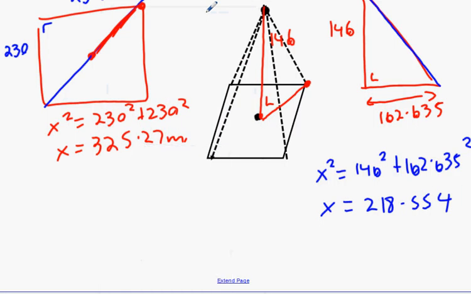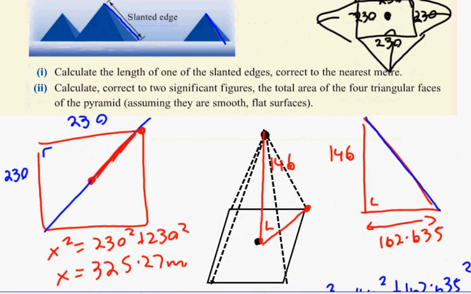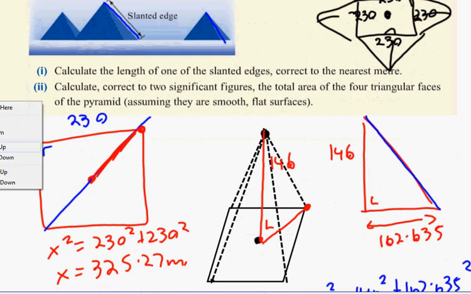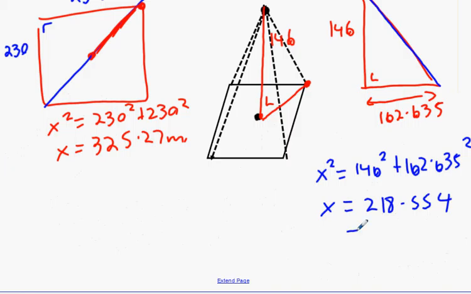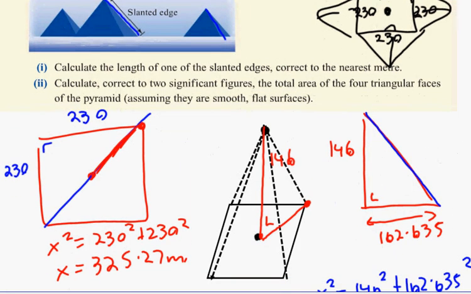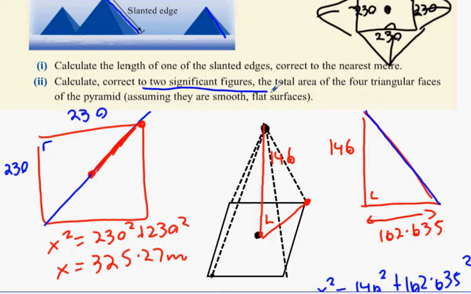What does it want to the nearest metre? 219. Now, what's it going to ask me for next? It wants me to calculate the area correct to two significant figures. Anybody know what significant figures are?